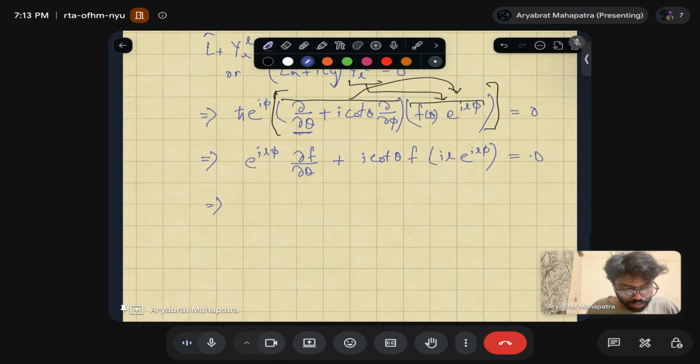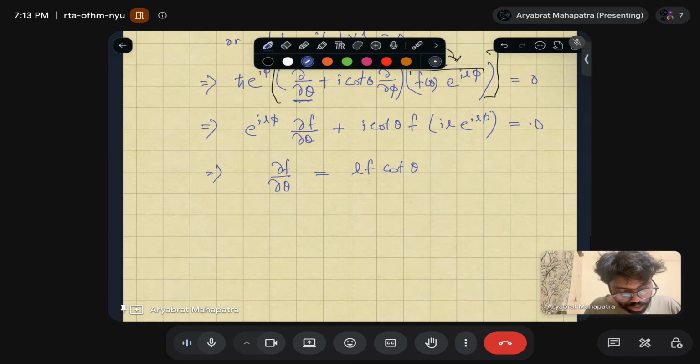Yeah, again you can have ∂f/∂θ, and then you have l f cot θ.